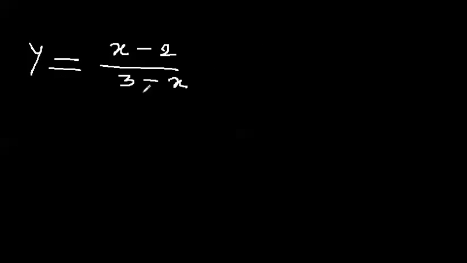The domain is very obvious, as we have seen in other examples. This denominator cannot be 0, so x cannot take the value 3, for which the denominator is 0. All other values are possible, so the domain is all the real numbers minus 3.